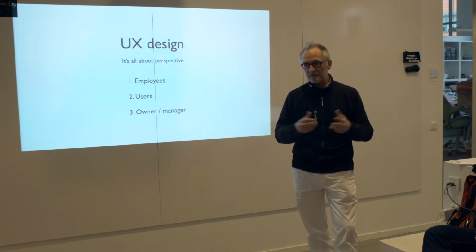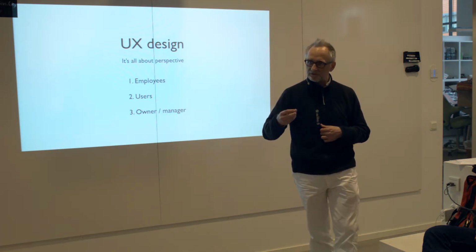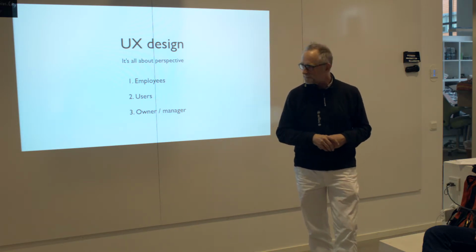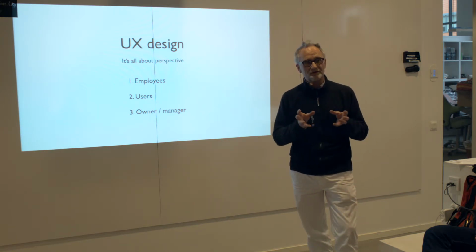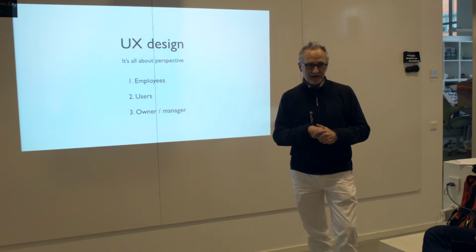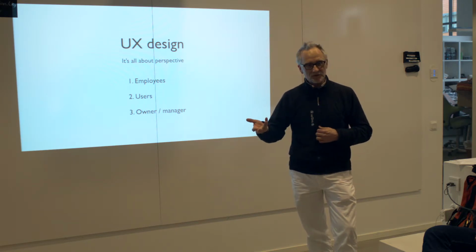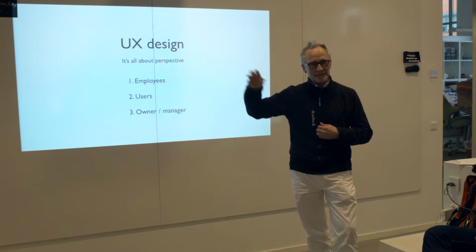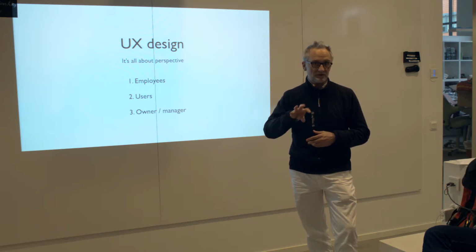So if you need to prioritize, I think you should start with the employees, and then the users, and third, your owner or manager, especially when you talk about the profession that you're working with and things that you should know how it's working. Of course, your manager knows priorities for the company, but maybe he's not familiar with the priorities that you have been doing as a designer.